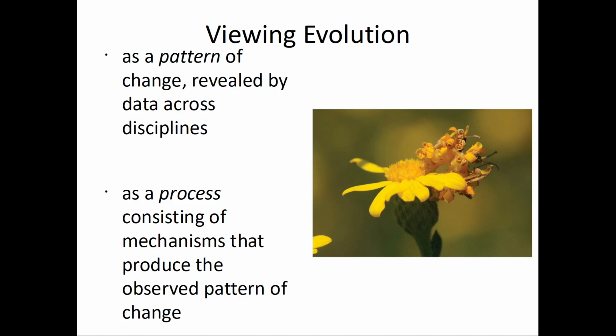All right, so we go back and look at the fossil record, and we look at the diversity of life, and we see a pattern of change throughout it. Evolution is the mechanisms that explain and connect those changes.